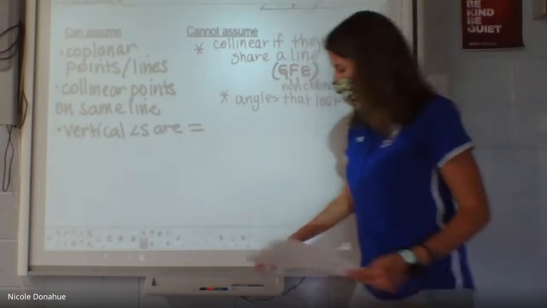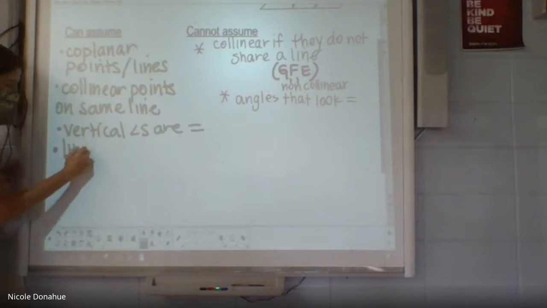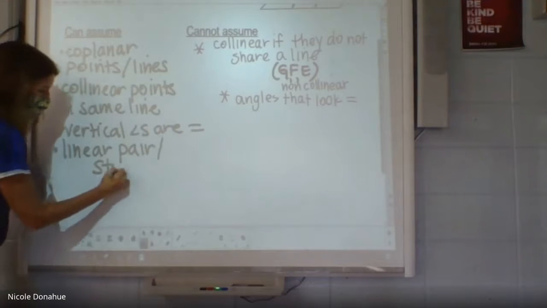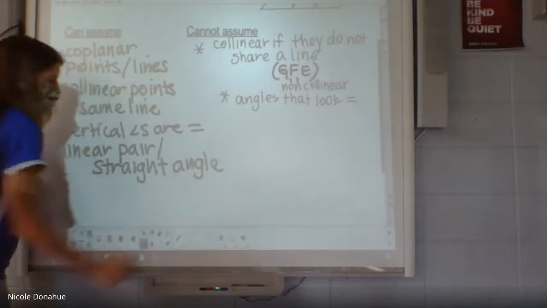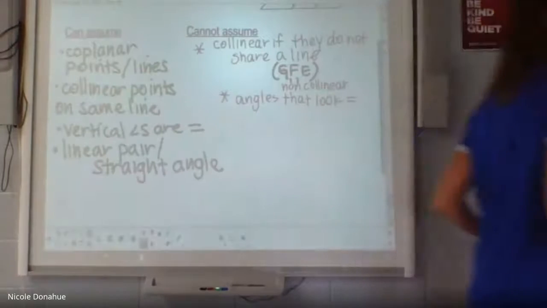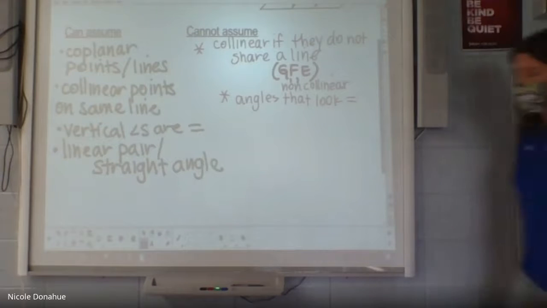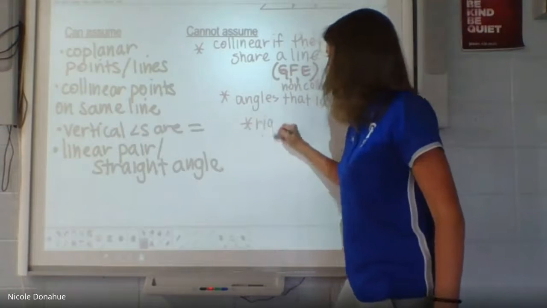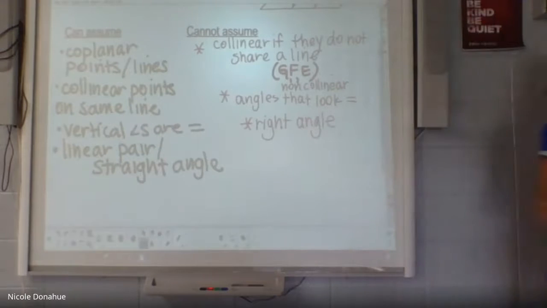Another thing we can assume is a linear pair or a straight angle. So if it looks like a straight line, you can assume it's a straight line. Now you cannot assume a right angle. Just because something looks like a right angle does not mean you can assume it is.